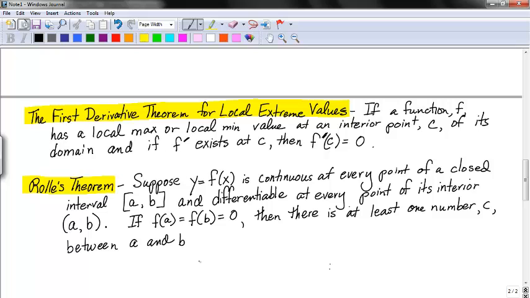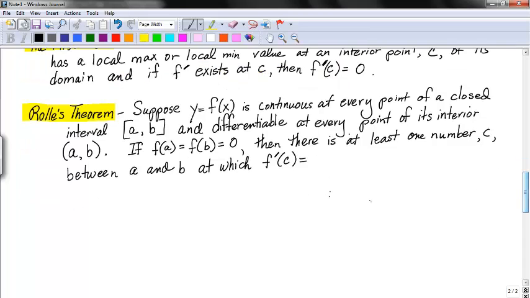If f of a equals f of b equals 0, then there's at least one number c between a and b at which f prime of c equals 0.